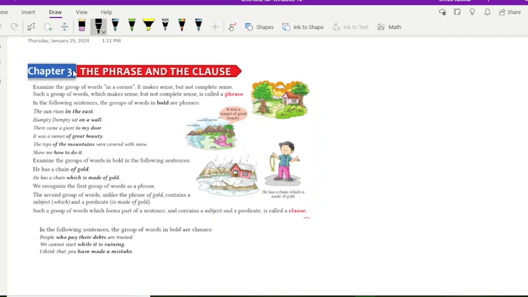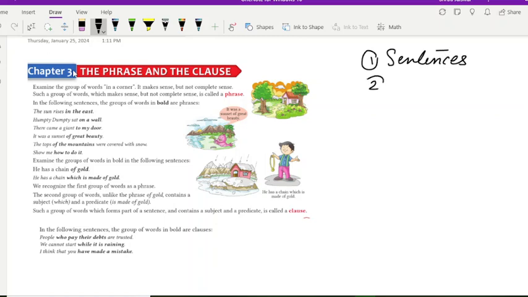Today we are going to learn the third chapter of our session of English grammar from the playlist. The first chapter, which I told you previous day, was about sentences.